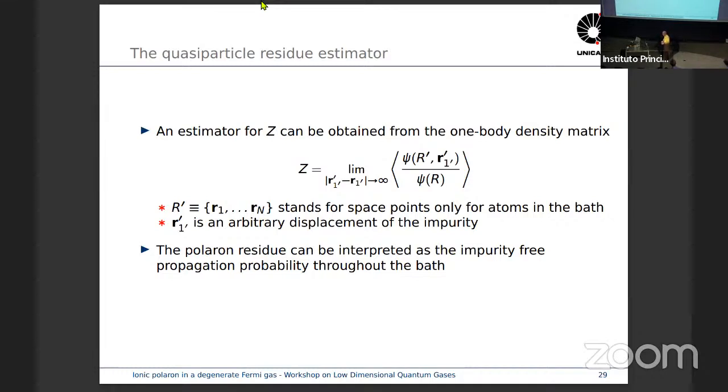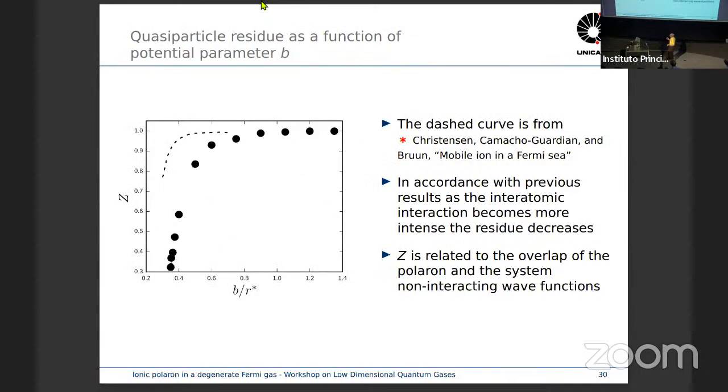This quantity can be interpreted as the propagation probability of the polaron in the bath. And here we have our results. Again, these are results for the ladder approximation. And what we see is that as the potential gets deep, the residue gets smaller and smaller, meaning that the wave function of the polaron is quite different from the wave function of a free particle in the bath.